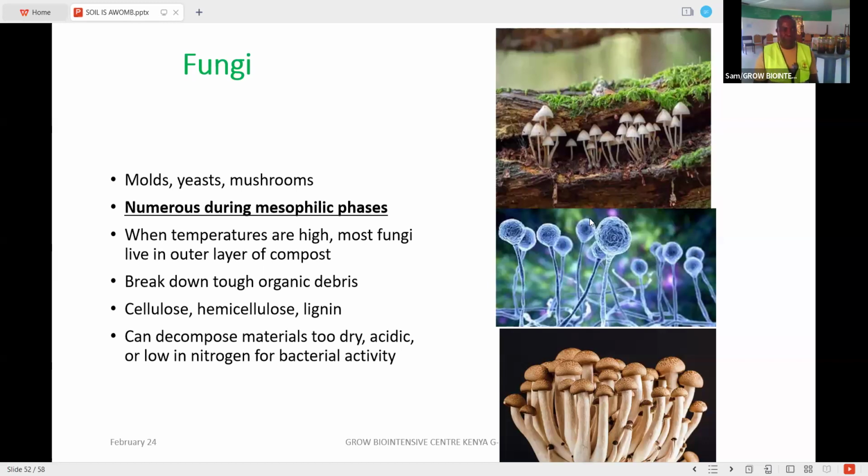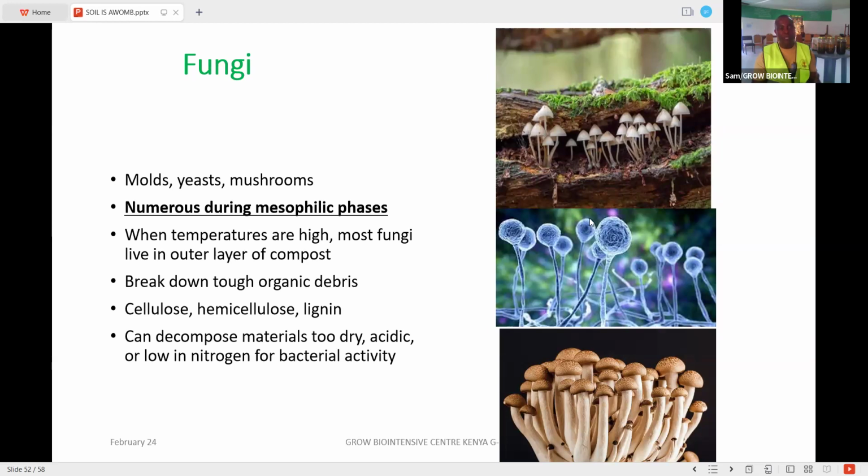Fungi break down tough organic debris, like the woody parts, especially in the outer parts of the compost pile, because they don't go inside the pile. They also break down cellulose, hemicellulose and lignins. Lignins are those woody parts.